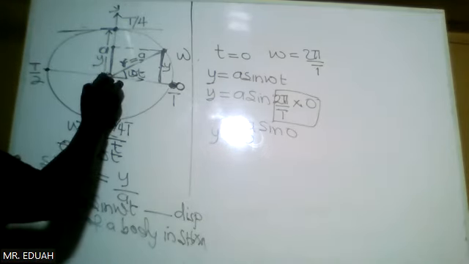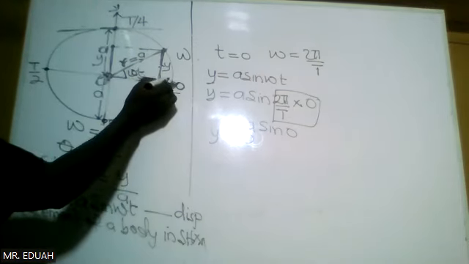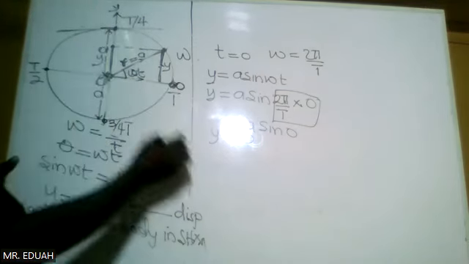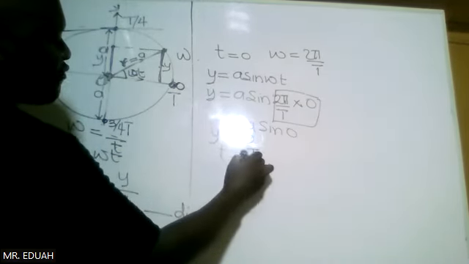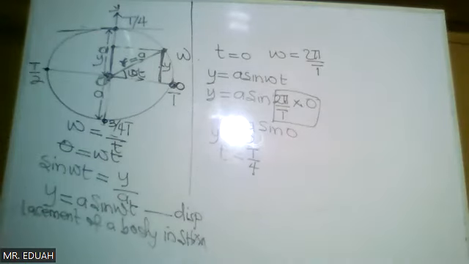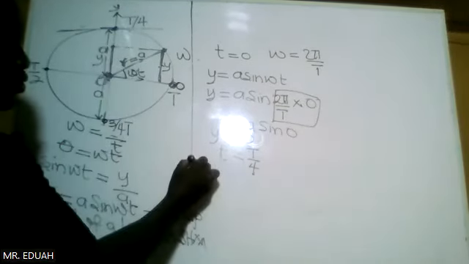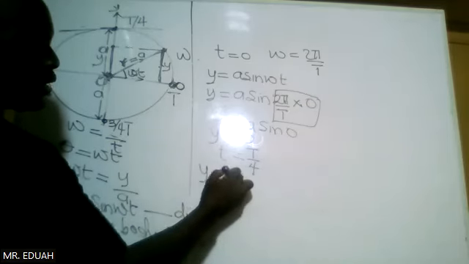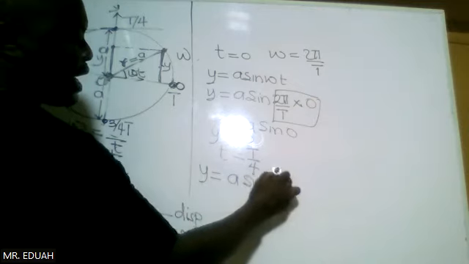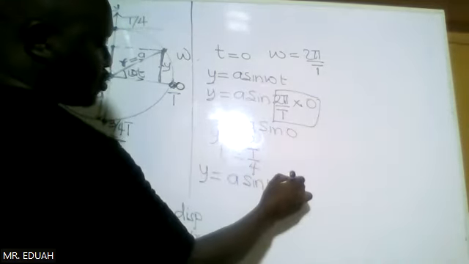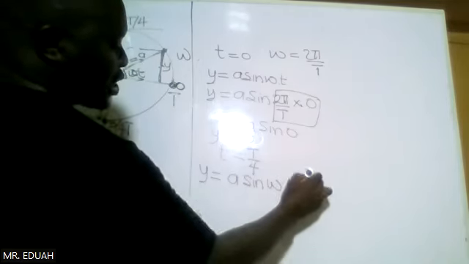When the body moves from here to this point, circular motion, the time t is equal to period over 4, a quarter of the period. So if you are looking for the displacement of the body here, using y is equal to A sine omega t, with t equal to period over 4.